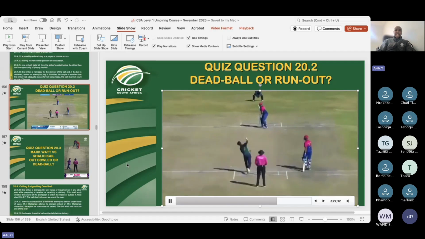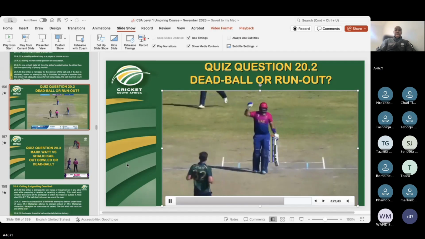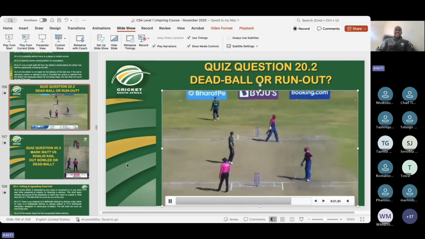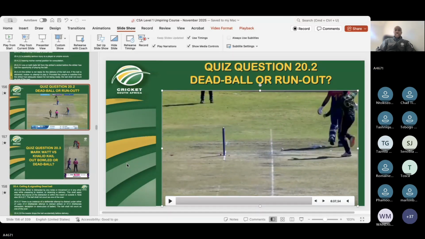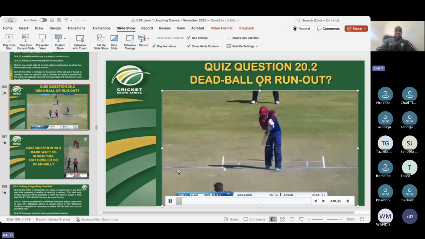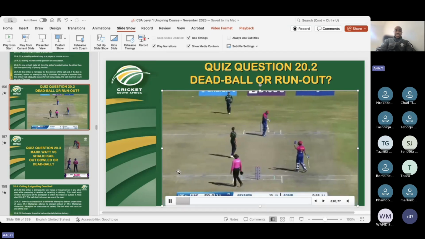Either umpire shall call and signal dead ball if there is a possibly serious injury to any player or umpire. So what do we consider a serious injury? If we see blood coming from an impact that is on the field of play, we would consider that a serious injury.